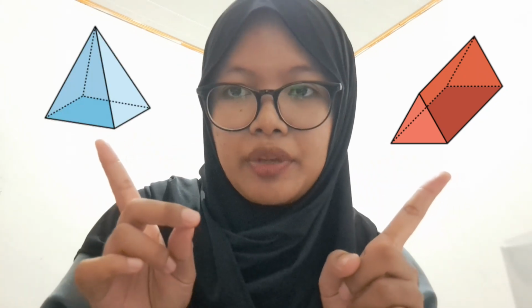And then I have two more examples of polyhedrons: a prism and a pyramid. Both of these polyhedrons have flat faces, straight edges, and sharp corners. But how do we distinguish between the two? It's simple.